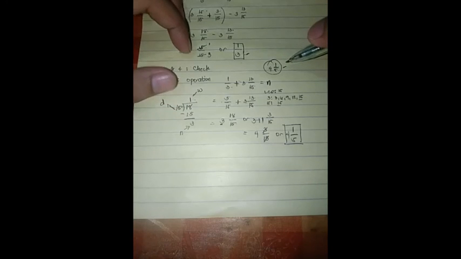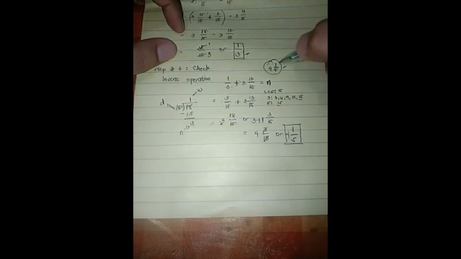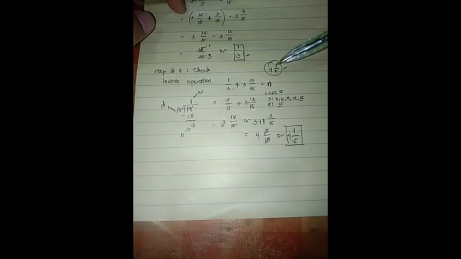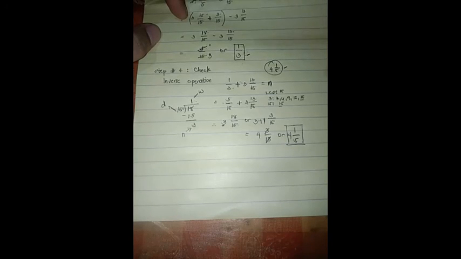And kung babalikan nyo yung problem solving, 4 and 1/5 is our minuend. So, andito siya sa given facts na isinulat natin kanina sa step 1. So, yun lang.